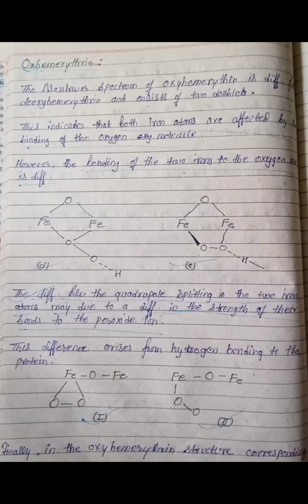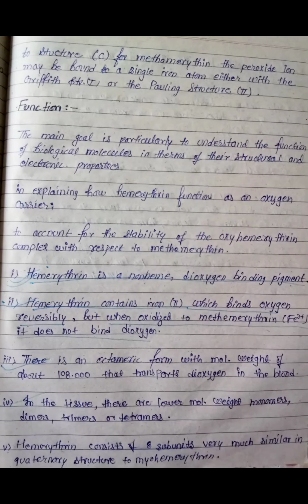Finally, in the oxyhemerythrin structure corresponding to the structure for methemerythrin, the peroxide ion may be bound to a single iron atom, either with the Griffith structure 1 or the Pauling structure 2 functions.